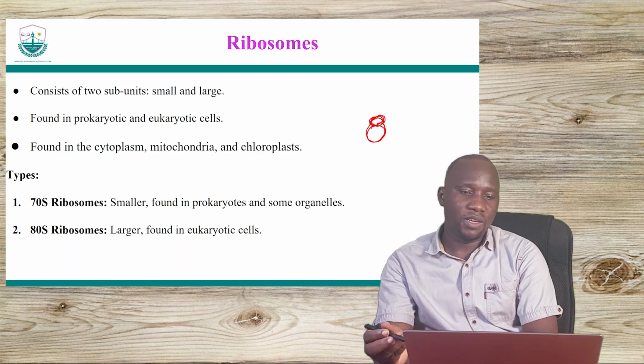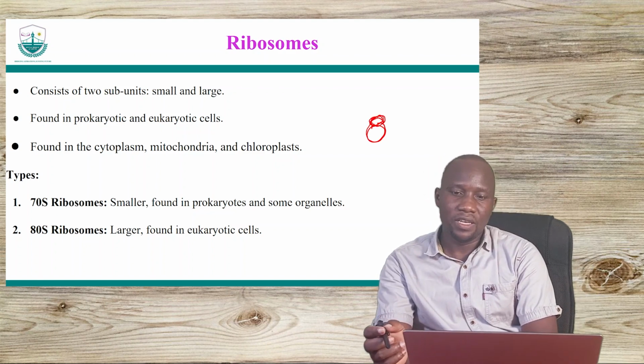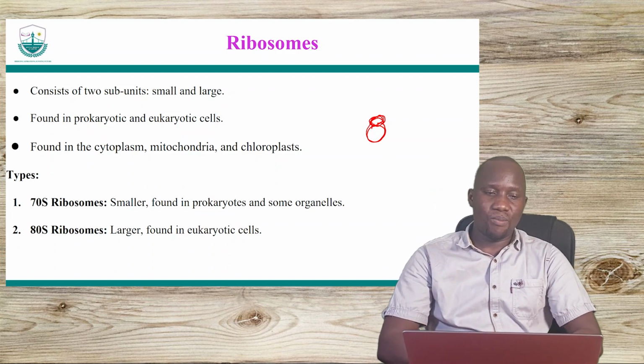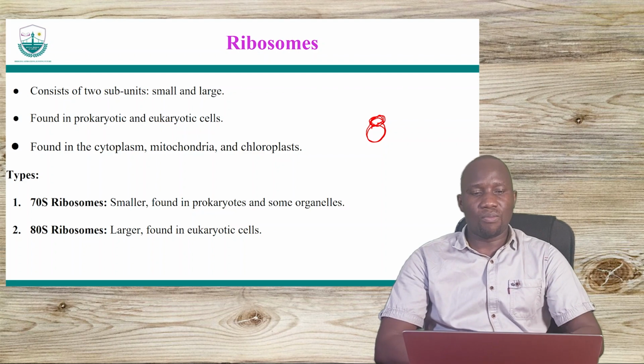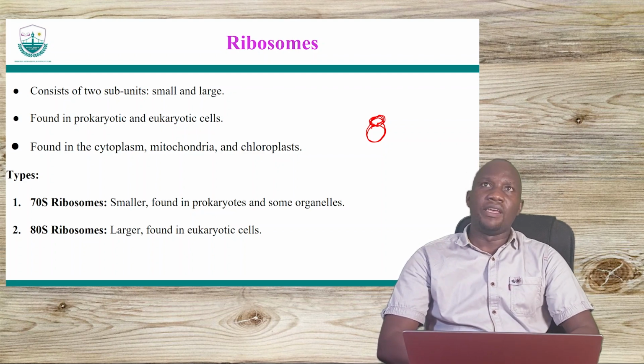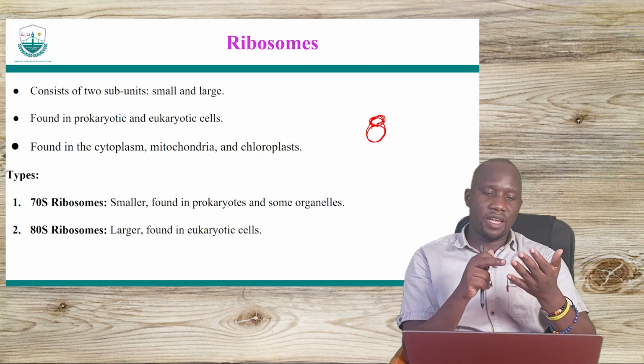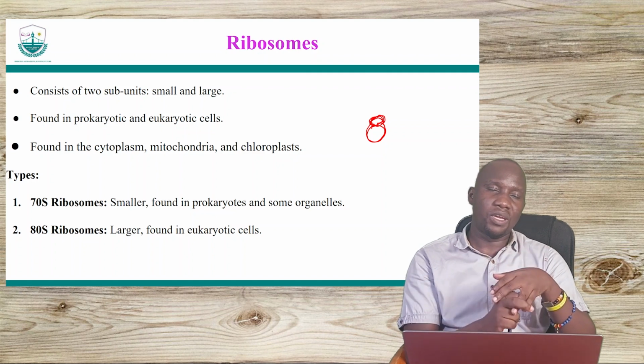Ribosomes are very important in protein synthesis. They have a larger subunit and a smaller subunit. Ribosomes are found in both prokaryotic and eukaryotic cells, in the cytoplasm, but also in the mitochondria and the chloroplast.